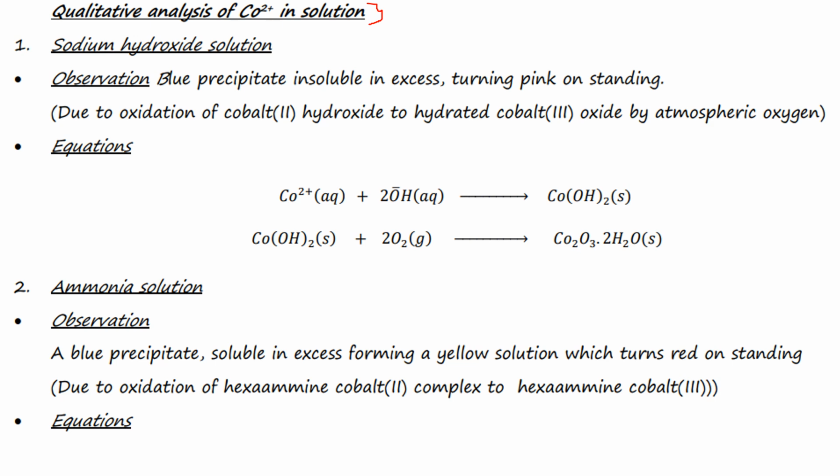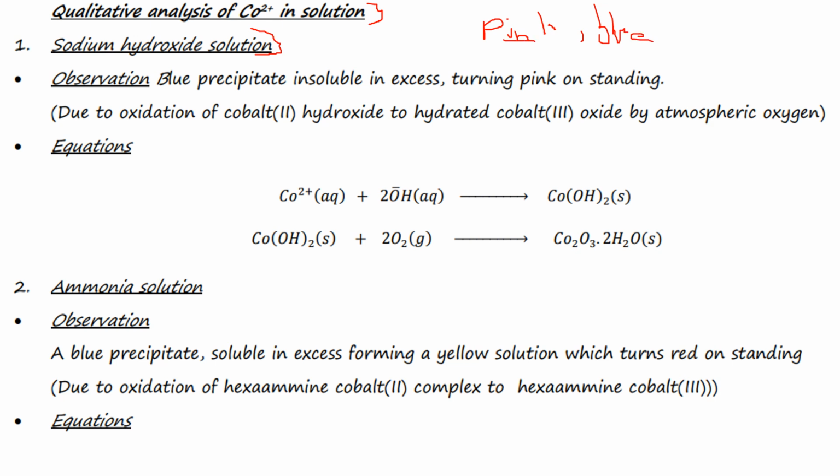So looking at the qualitative analysis, let's look at the qualitative analysis involving sodium hydroxide solution. Now remember that I told you that most of the solutions containing the cobalt 2 ions are either going to be pink as a result of hydration, or they are going to be blue when cobalt is saturated. So when hydrated it is pink, when saturated it's going to be blue.